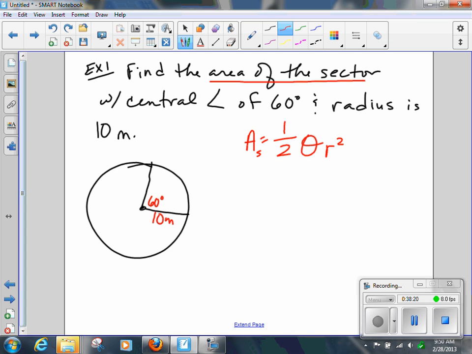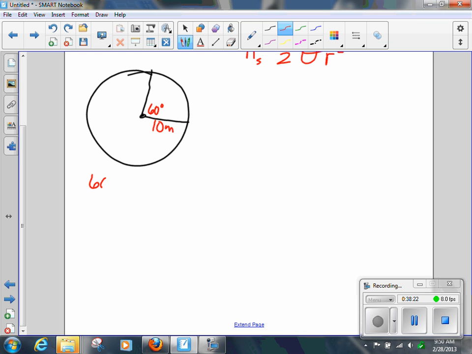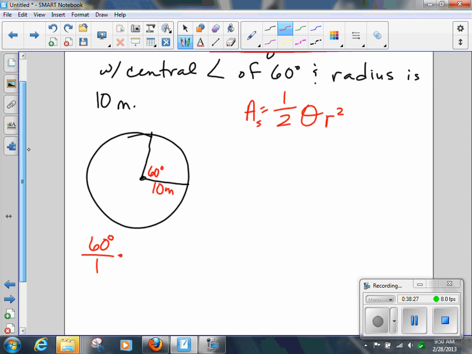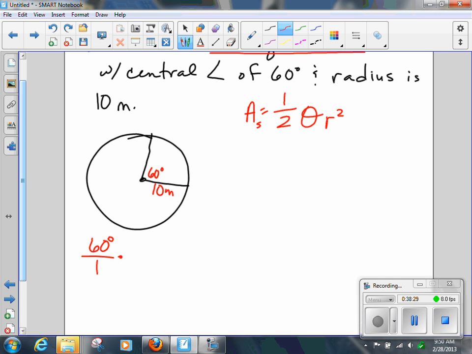So what do I have to do first? You should already know by your unit circle that 60 degrees is pi over 3. But if you didn't, then you better convert it. And then you get pi over 3.